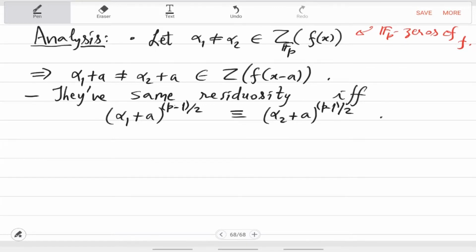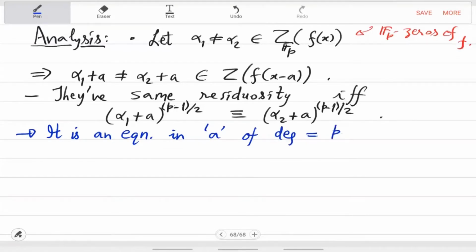So view this as an equation in unknown A of degree (p minus 3)/2. Now for an equation of degree (p minus 3)/2, how many roots can be there?